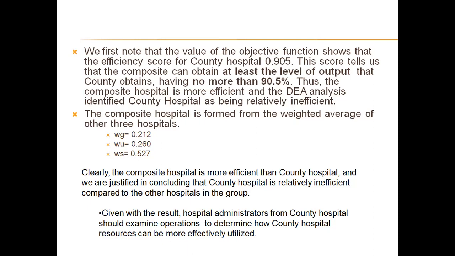So having this kind of result, the management of the county hospital, or the hospital administrator, should examine operations to determine how county hospital resources can be more effectively utilized.